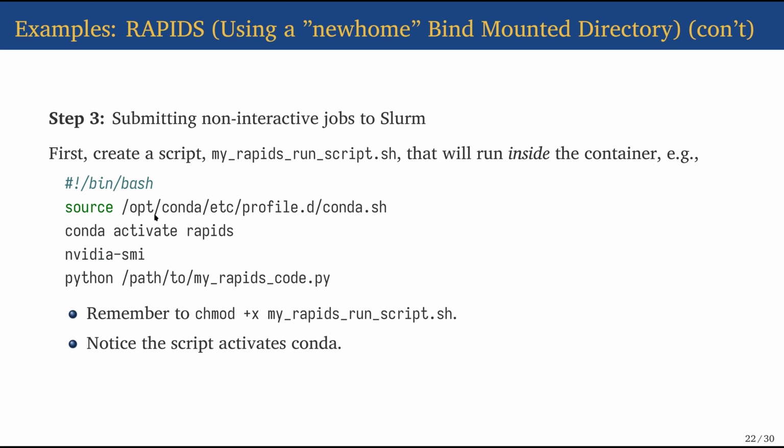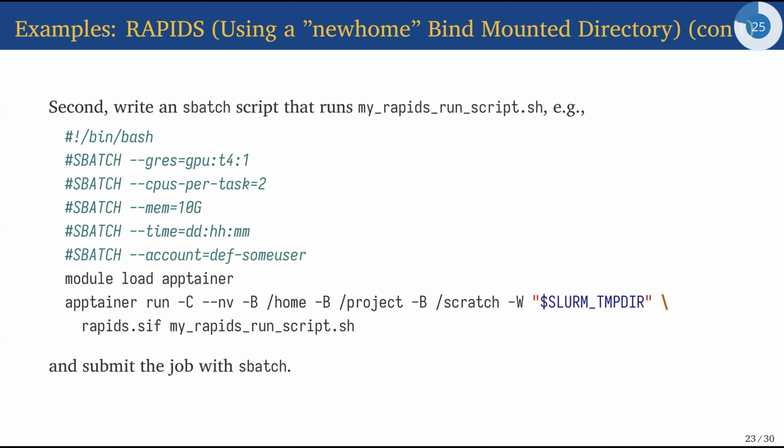So put all the commands you would run in a shell here, okay? And if you want, you can export home here again, no problem. But you put the commands you need to run in the shell and the Python thing and put them all in a file. So my rapids run script, okay? chmod +x that file in order to run it, okay? You want to activate Conda here.